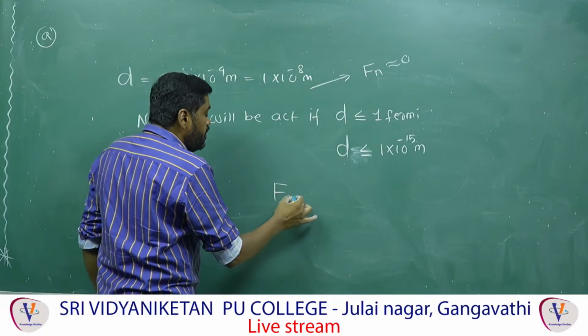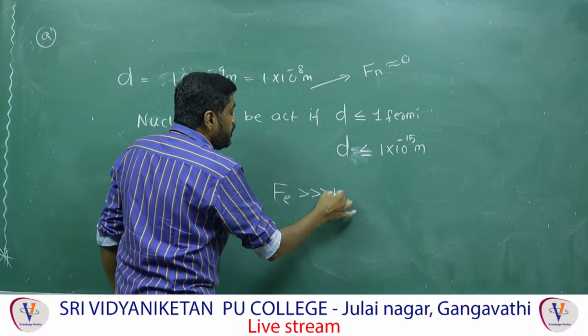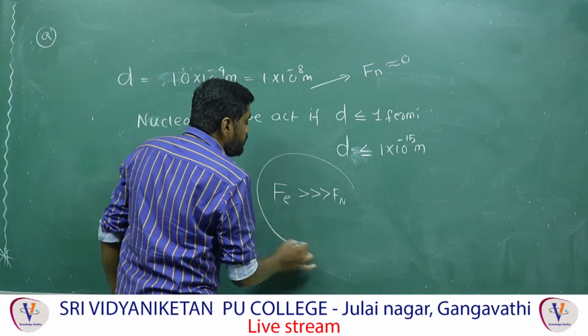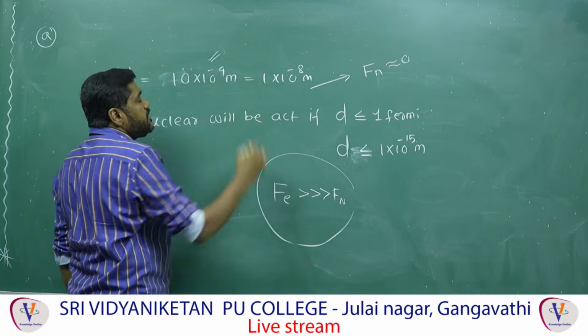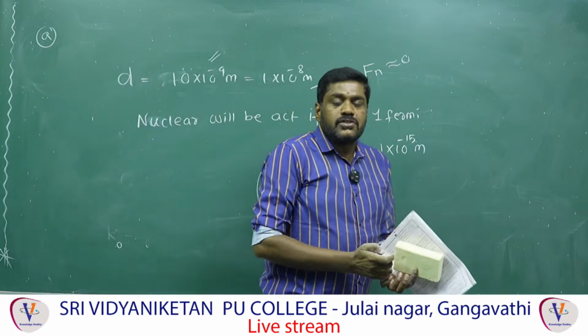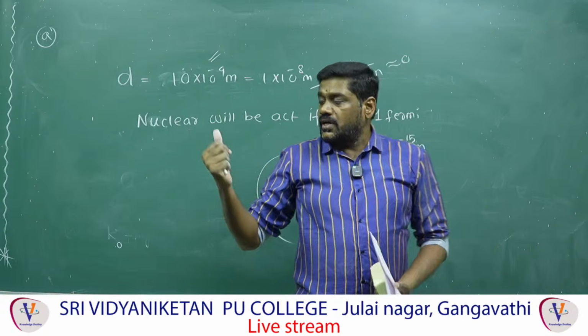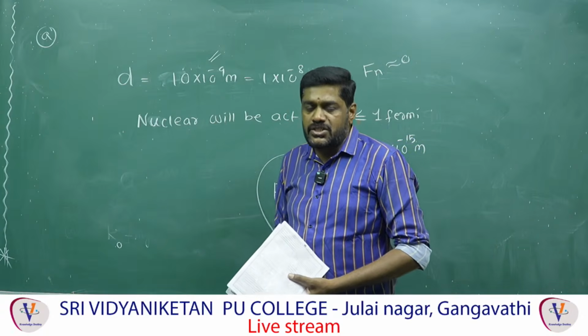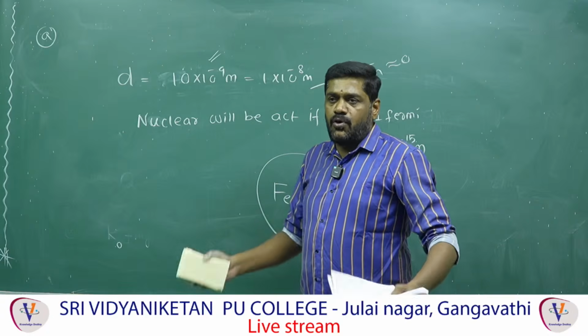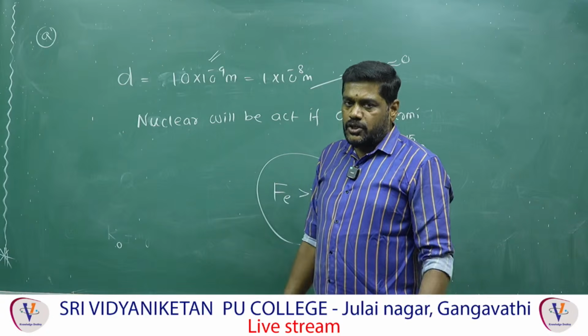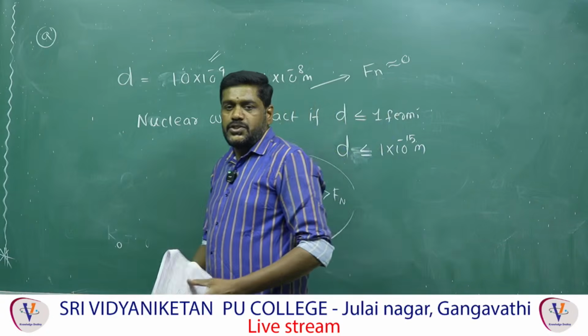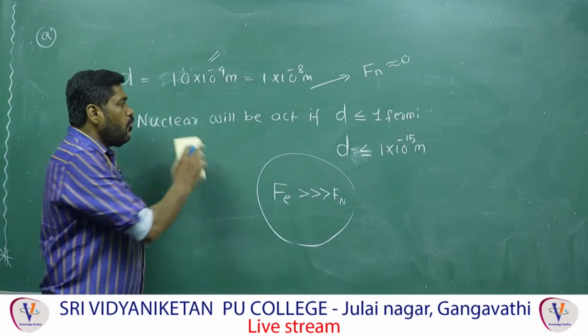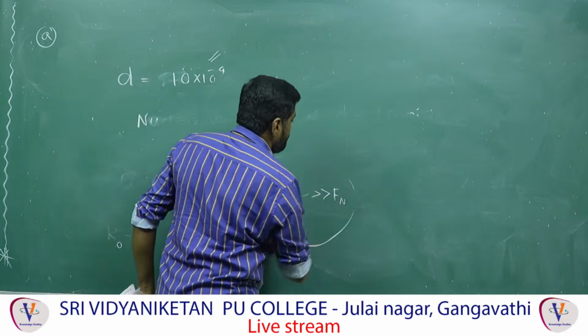Therefore, we can confirm that Fe is greater than the nuclear force. We can give this answer using the concept of distance only. The given distance of 10 nanometers is much greater than 1 fermi, so between those two protons there is no nuclear force, and only the electrostatic force will act.